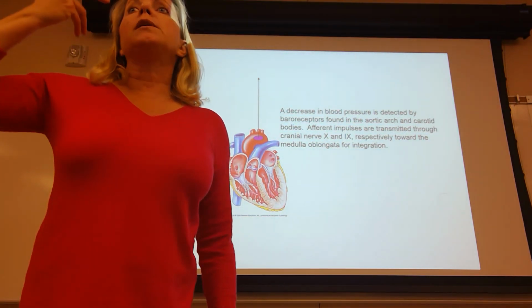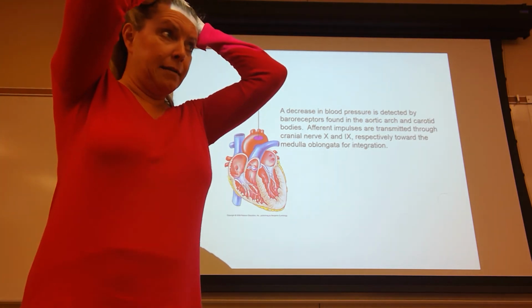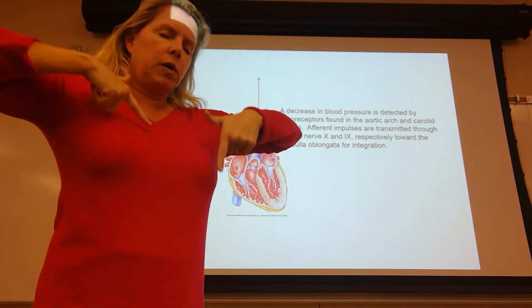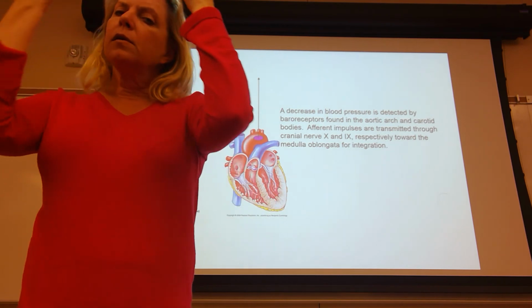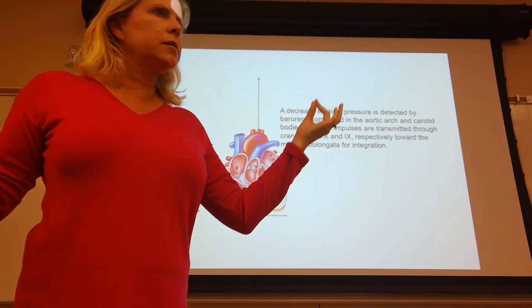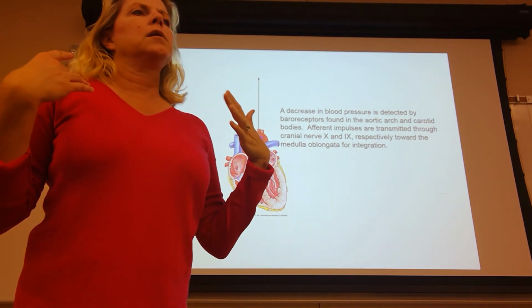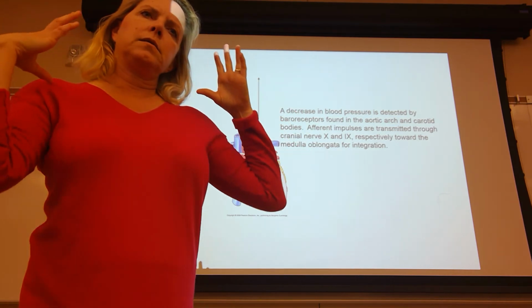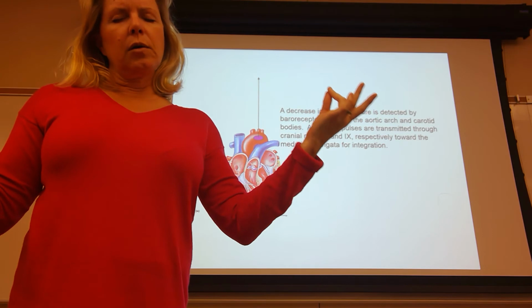And the medulla oblongata is going, man, too much pressure. And the resulting output to the heart and to your vasculature is, we need to be more calm, blue ocean. Heart rate goes down. Your blood vessels vasodilate. We're under too much stimulant. We need to be calm.